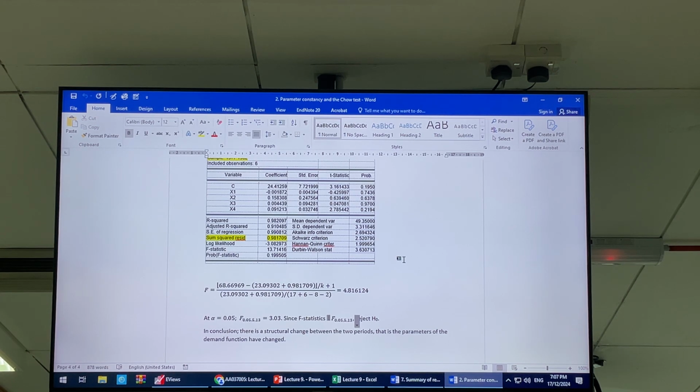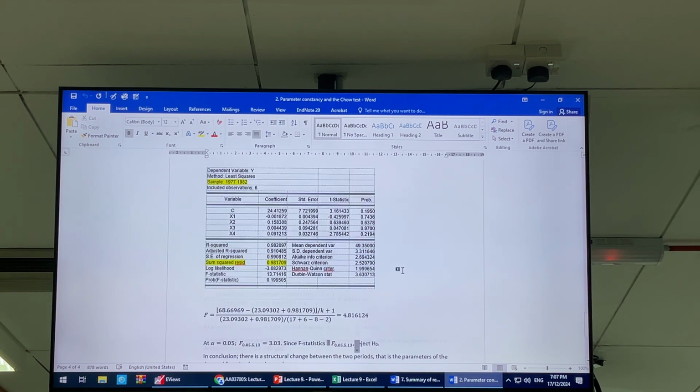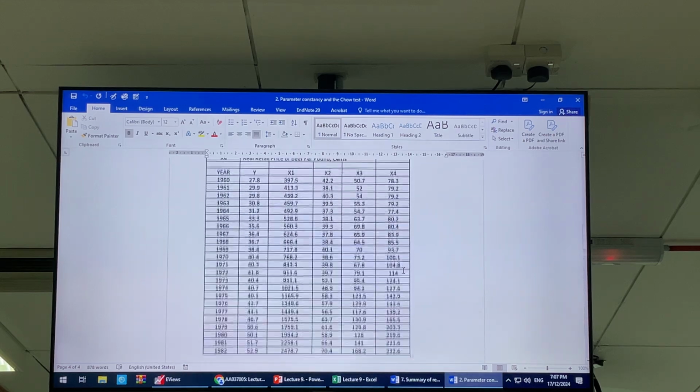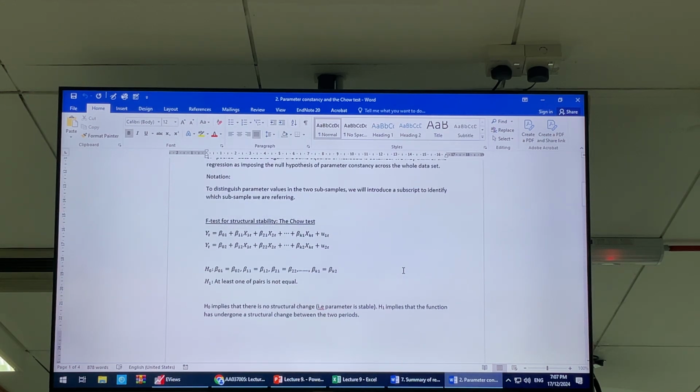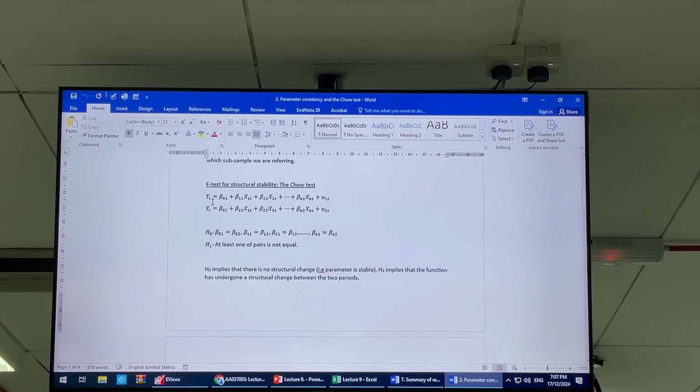We cannot just use the entire data set to estimate the model, because the result suggests that parameters are not stable for the two different parts of the data. But we do not know which one is not stable. Look at the hypothesis testing, the null hypothesis: we are testing whether the intercept and slope are the same or not.